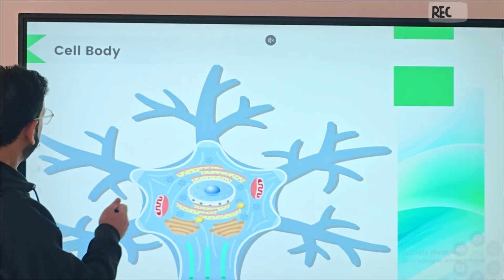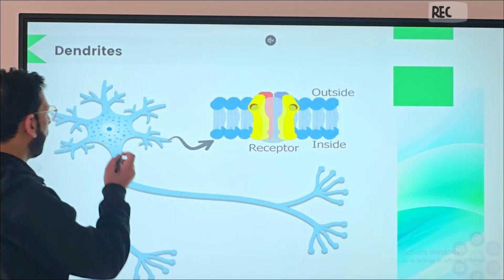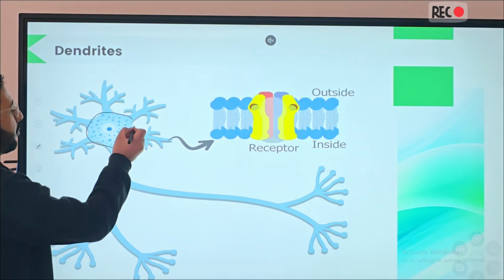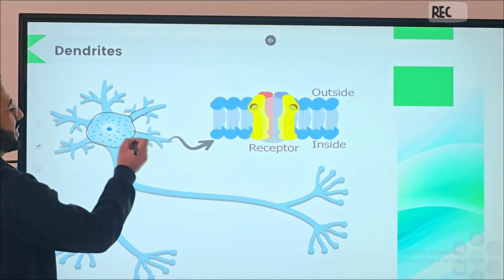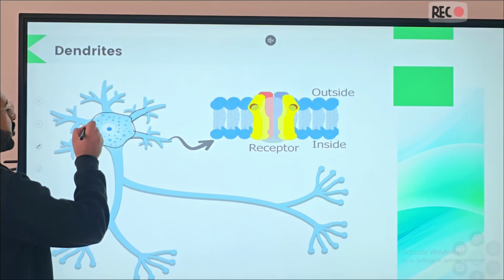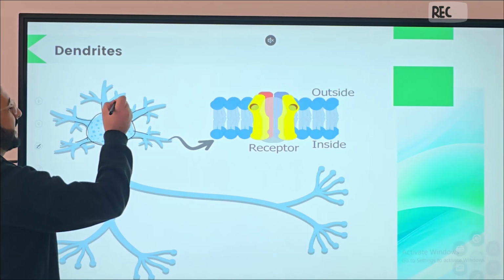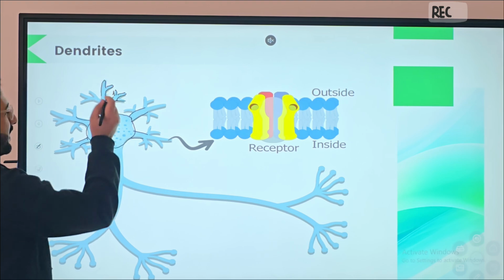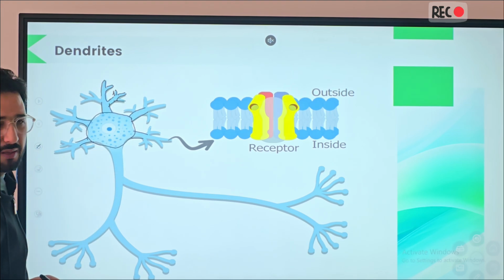Now, here are the dendrites. As I've already told you, this is the cell body, and from the cell body are arising these processes, these branches. These are the cytoplasmic extensions right here, and these branches, for example in the multipolar neuron, make the appearance of a tree, because these are the different branches arising from the cell body.